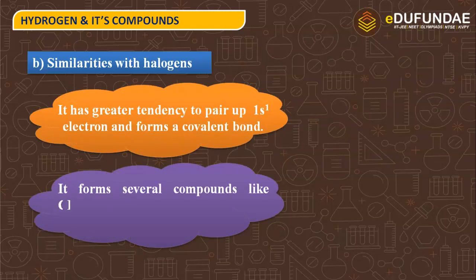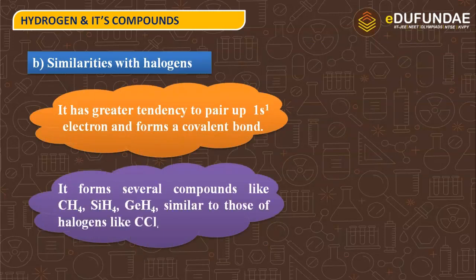It has greater tendency to pair up 1s1 electron and form a covalent bond. Yes, hydrogen के पास है just एक electron and it is having greater tendency to pair up this electron so that it can be like its nearest noble gas, that is helium.